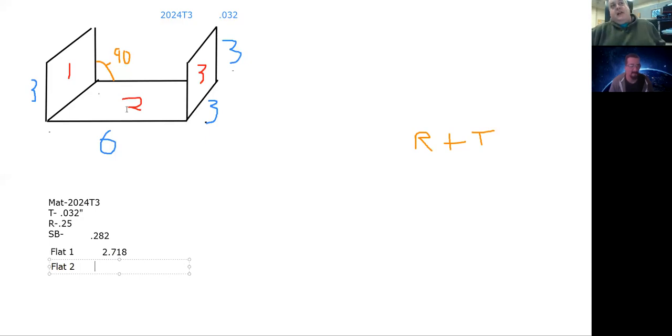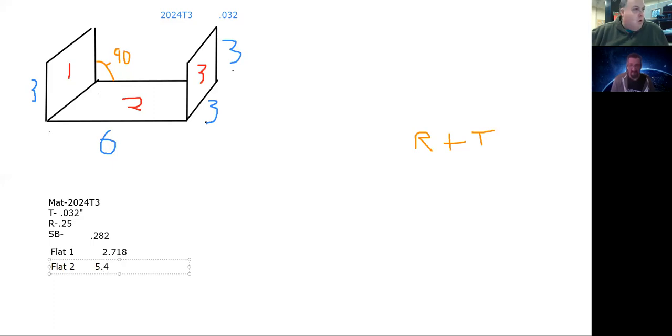So because flat 2 has 2 bends that touch it, we have to subtract 2 setbacks. So we take our mold dimension, which is 6 inches, and subtract 2 setbacks. You can do it in your calculator.